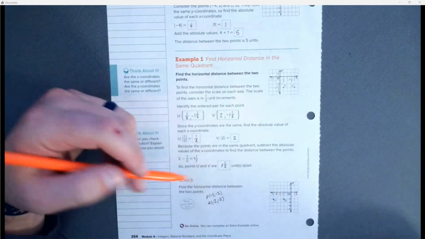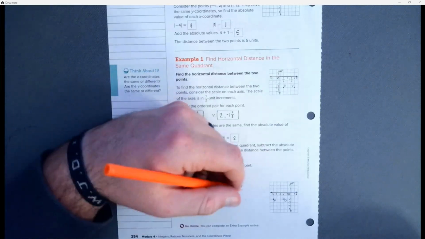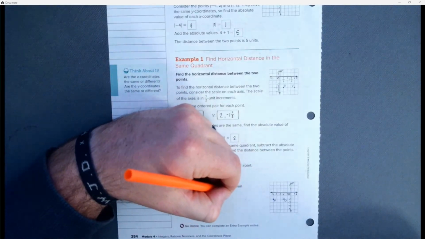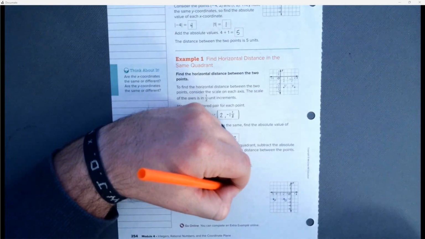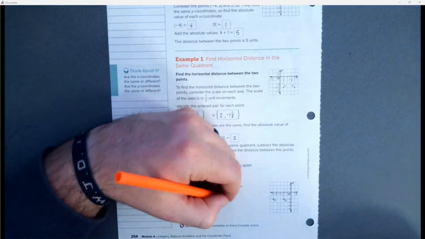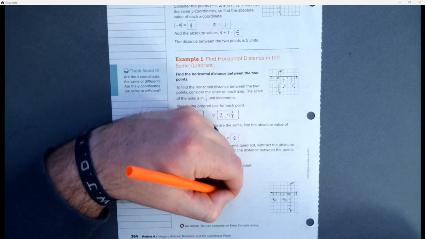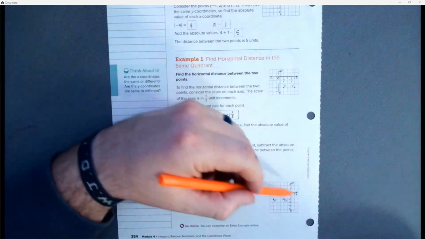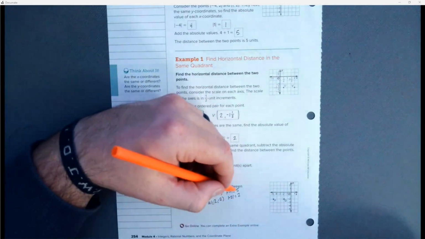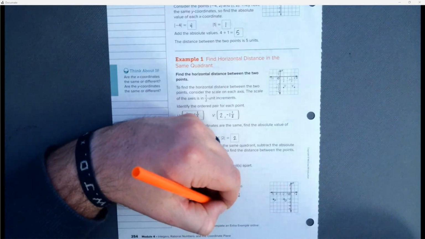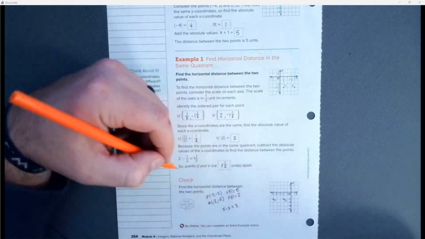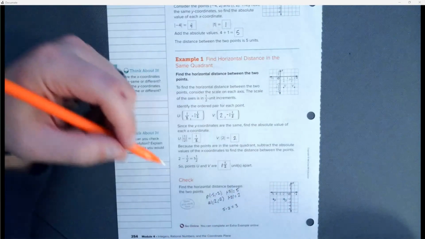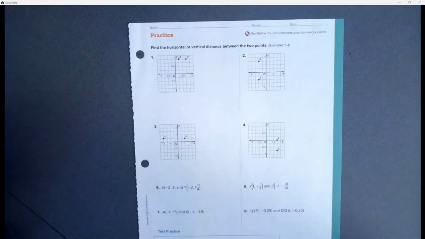Take the absolute value of each x, absolute value of -5 is 5, and the absolute value of -2 is 2. Since they are in the same quadrant, we'll do 5 minus 2, which gives us 3. So the 2 points, P and Q, are 3 units apart.